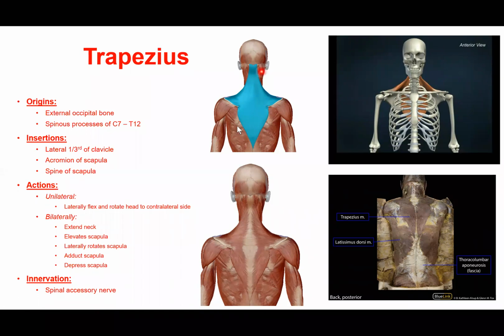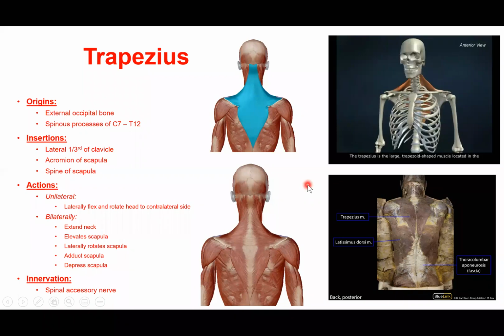So again, here's the image on the visible body platform. And then I unhighlighted it so you can sort of see the fiber directions going on here. And then the trapezius muscle on the cadaver, we can see here. Okay, sort of this diamond shape. And then we're going to watch this quick little video showing different stuff.